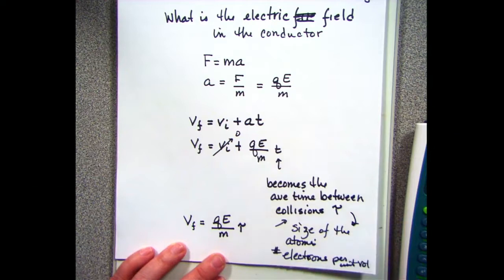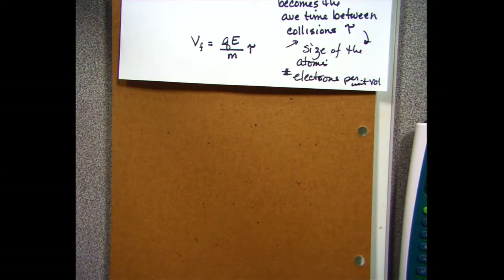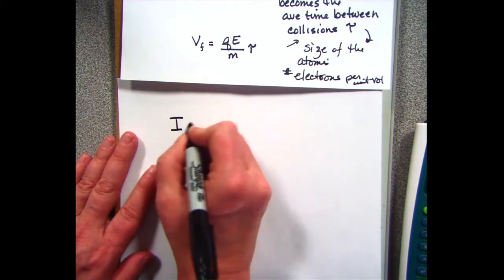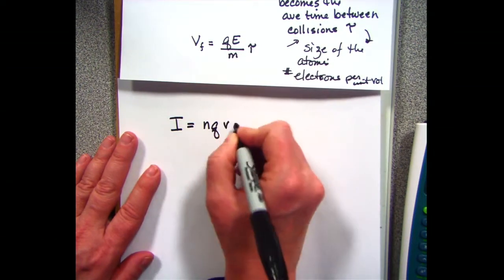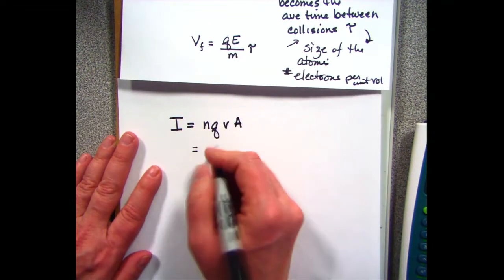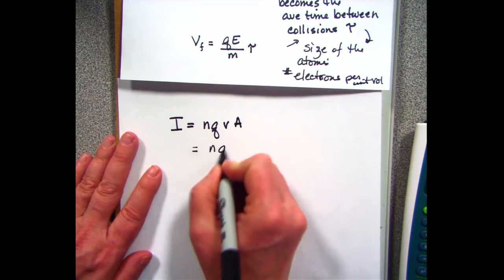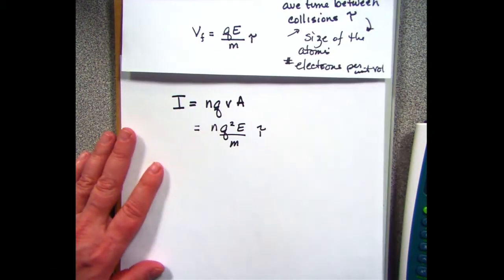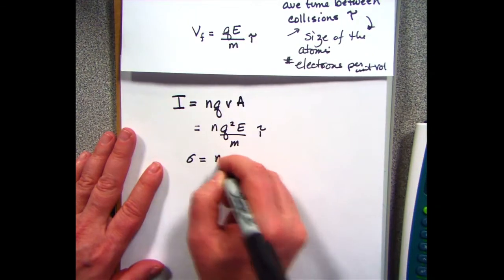So you can say that current is equal to NQ times velocity, and we now know what velocity is, so I can put in that NQ squared E over M tau. And it turns out that conductivity is equal to NQ squared tau over the mass of the electron, or resistivity is equal to M_e over NQ squared tau, because conductivity is 1 over the resistivity.